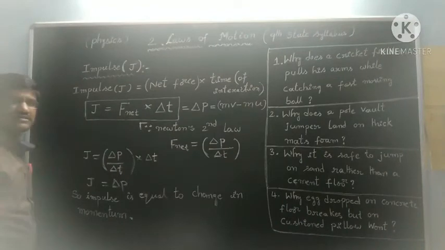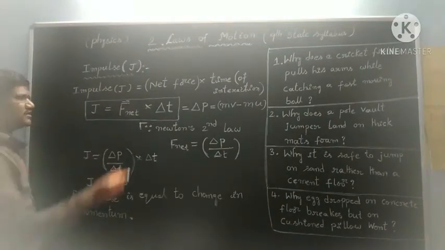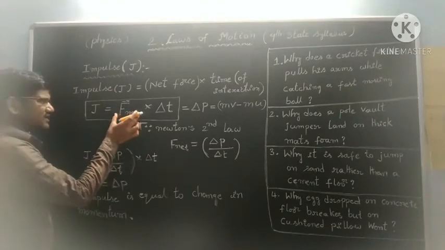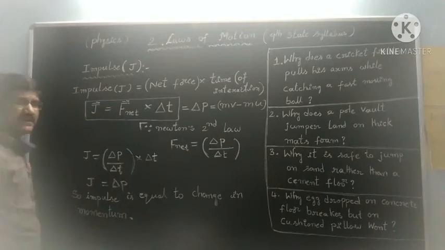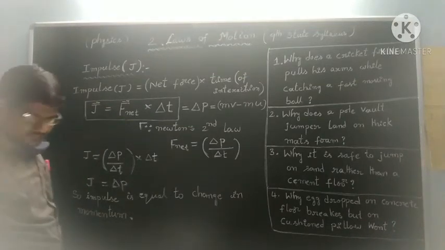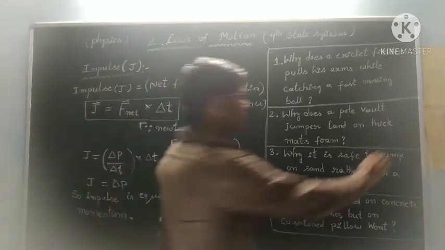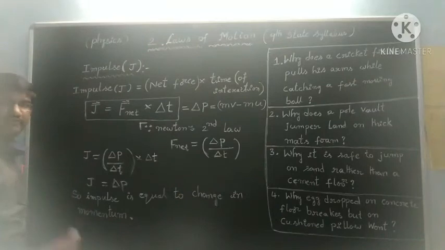And see children, force is a vector physical quantity. Vector into scalar gives a vector. So impulse is a vector physical quantity. So now we can see the SI units of impulse.